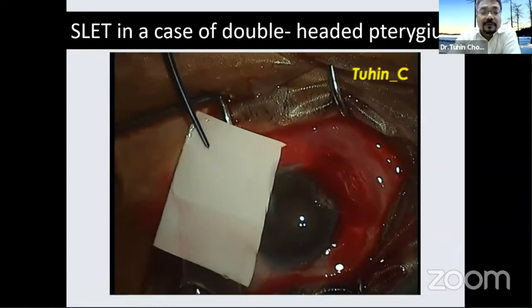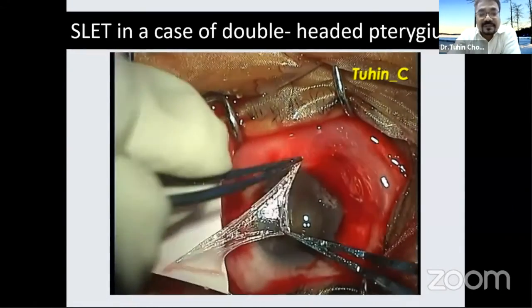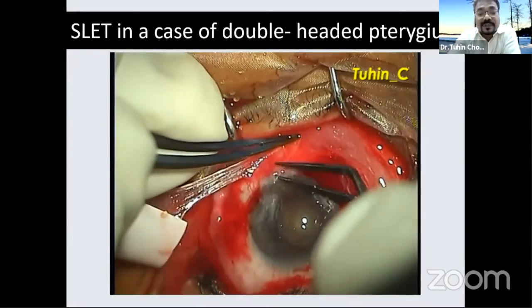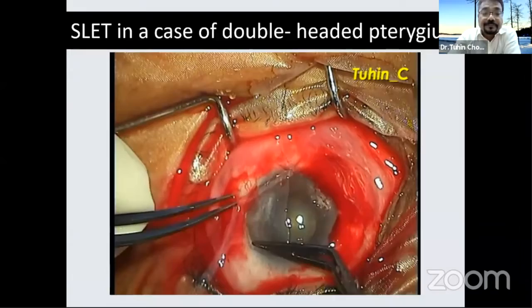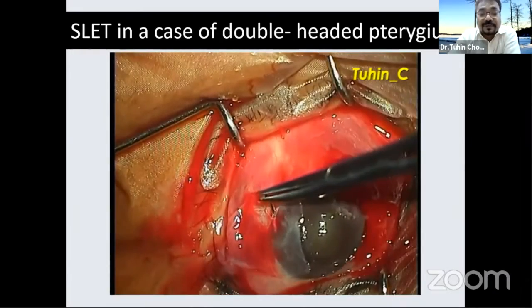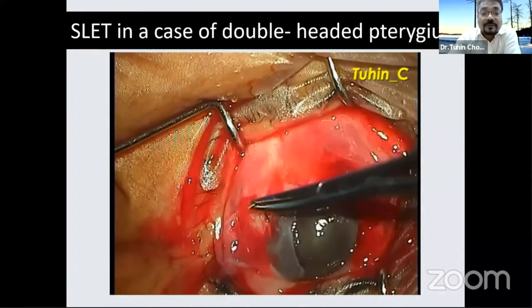Then go for amniotic membrane transplantation, with epithelium side up and stromal side down, and put a stay suture as mentioned by Dr. Jiangshu.